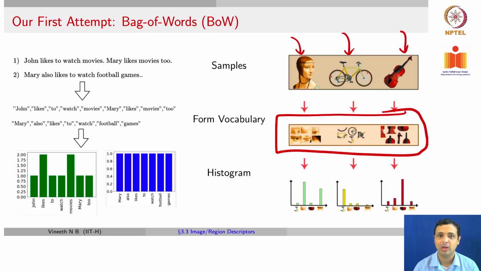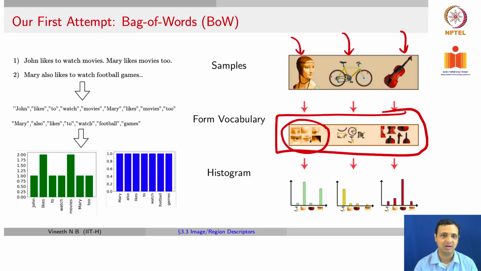The way we are going to define vocabulary is very simple again. You take different parts of each of these images, group them together, and see which of them correspond to something common. For example, it could be possible that there are 6 kinds of visual words that occur in the first image, which all look similar.